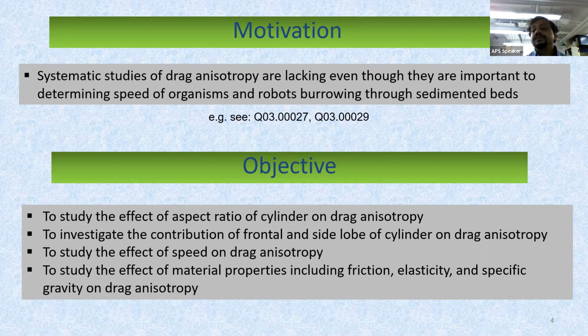Then we are interested in investigating the contribution of the frontal and side lobes of the cylinder on drag anisotropy. We also wanted to know the effect of speed on the drag anisotropy. And finally, we changed the granular particles, and then we wanted to know the effect of the material properties on the drag anisotropy.